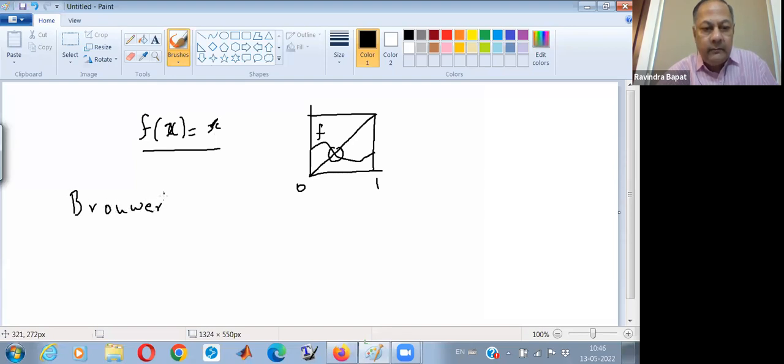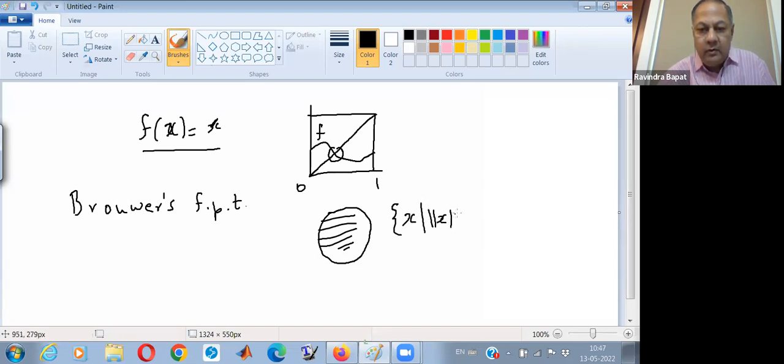It says that if you take the unit disk in Rn, all x such that the usual Euclidean norm of x is less than or equal to 1, and in 2 dimensions it is just the disk, let me call this Dn.